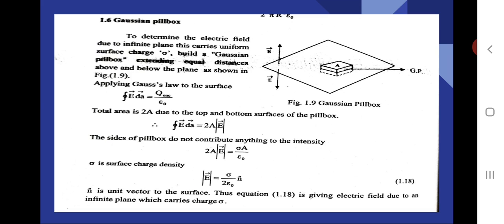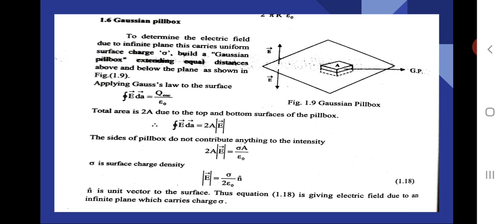Now suppose A is the area and apply this Gauss law to the surface, that is closed integral of E dot dA is equal to Q enclosed divided by epsilon naught.